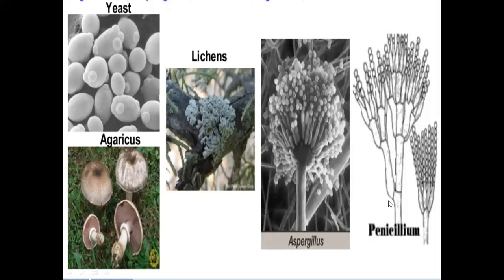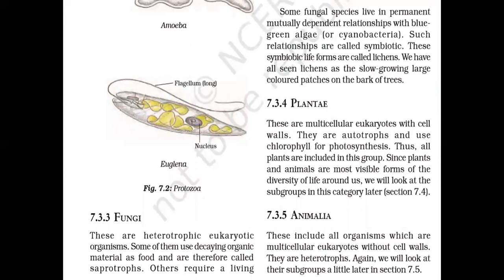Now we go to the fourth kingdom, the kingdom Plantae. Here they are multicellular eukaryotes with cell walls. Eukaryotes means they have a nucleus, and they also have a cell wall. They are autotrophs, which means they make their own food and use chlorophyll for photosynthesis.